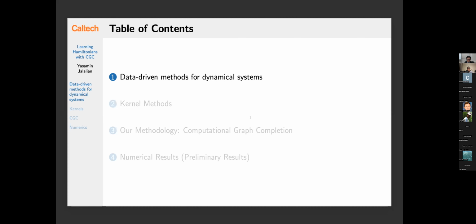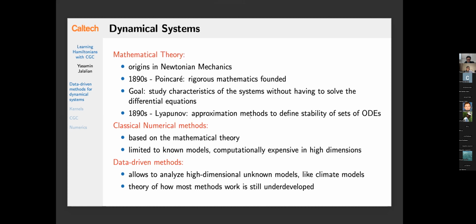I'm going to start with some motivations about why we consider data-driven methods for dynamical systems. A little bit of history. Dynamical systems have been around since Newtonian mechanics. It was in the 1890s that Poincaré founded the rigorous mathematical foundations for it, with the goal of studying properties of these systems without having to solve the differential equations analytically.